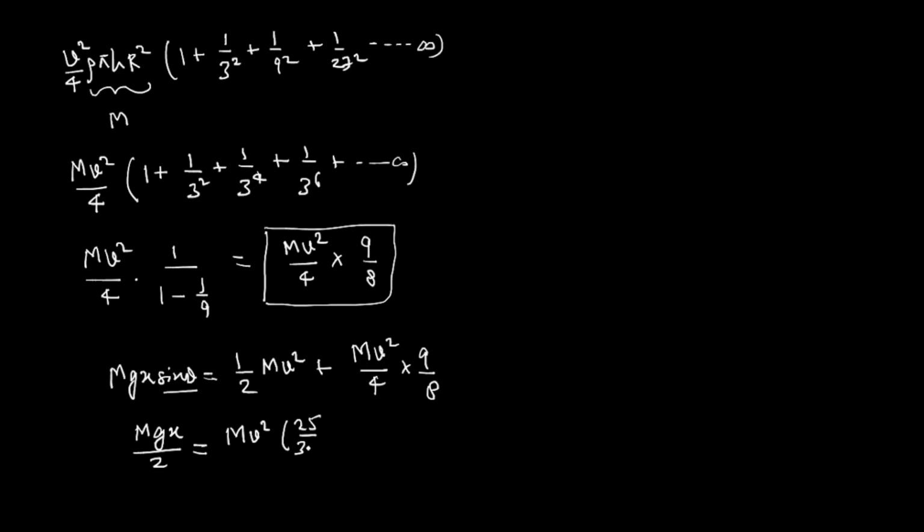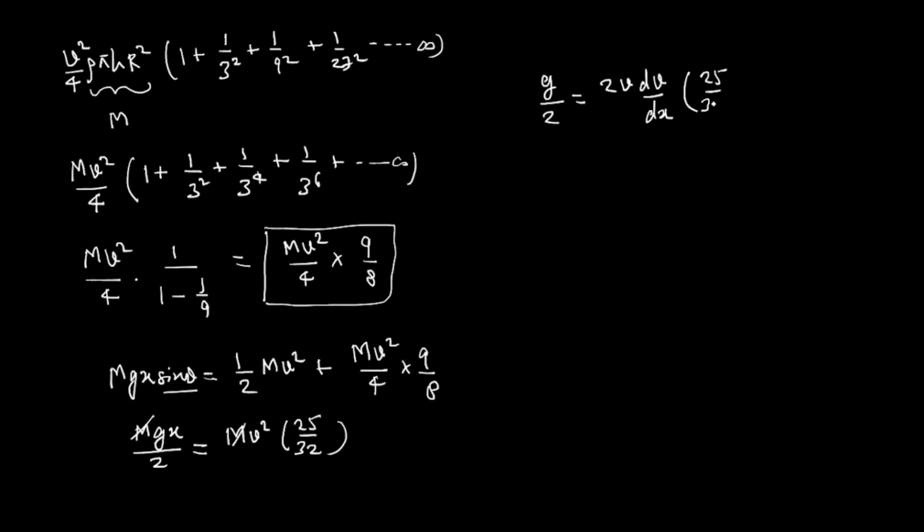Okay. Now m and m cancel, and you differentiate both sides with respect to x. So you get g by 2 is equal to 2v dv by dx times 25 upon 32.